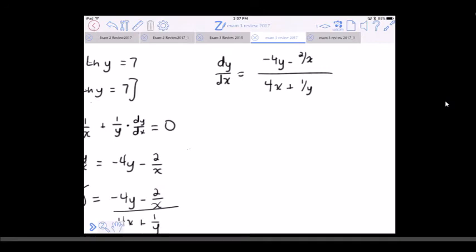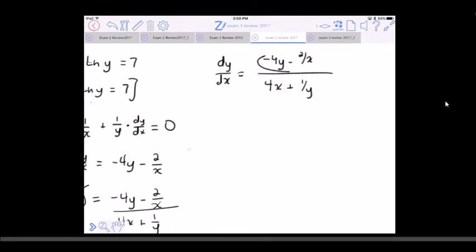Now, I'm okay with that form of the answer. However, technically when you have a fraction inside of a larger fraction, you're supposed to simplify down a little further. This wouldn't be the form of the answer you'd see in the back of a textbook.